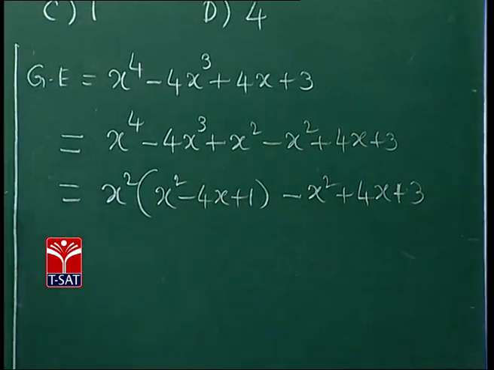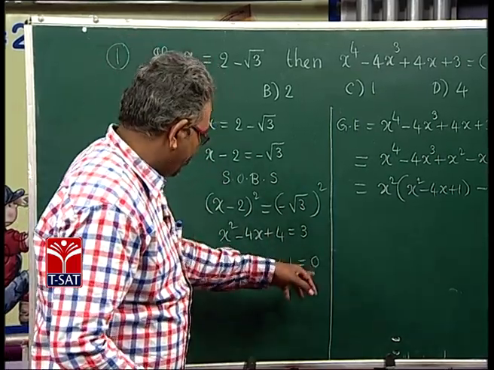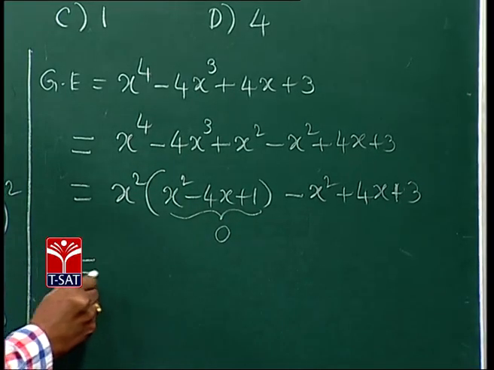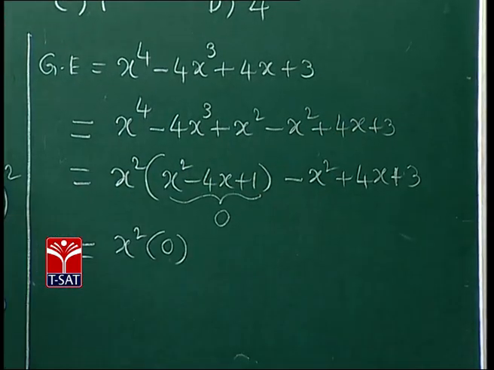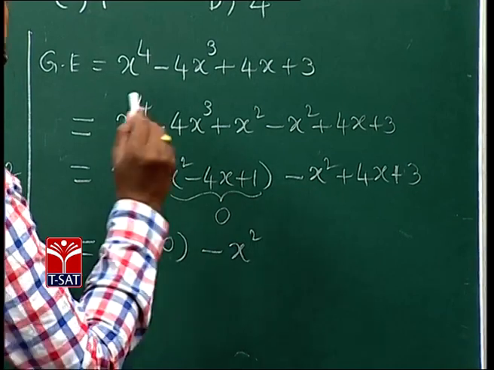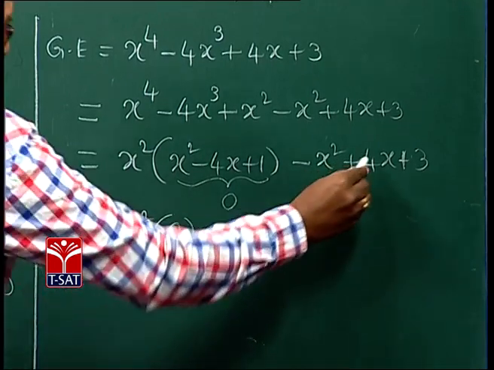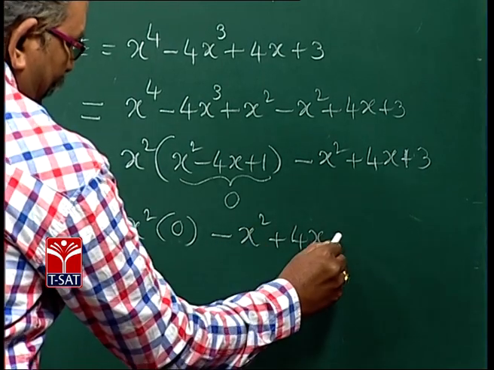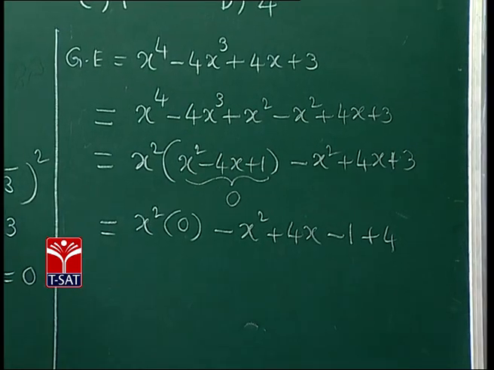See, what is the value of x square minus 4x plus 1? Yes, given, that is equal to 0. This value will be 0, so x square into 0. Again, we have to rearrange the remaining 3 terms: minus x square plus 4x, and 3 we write as minus 1 plus 4.